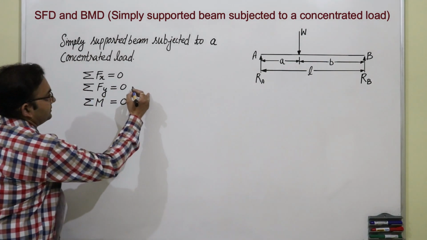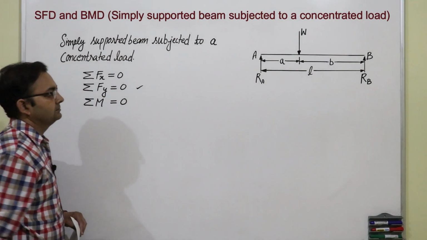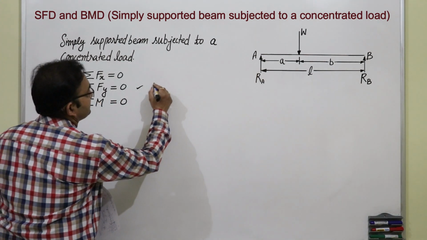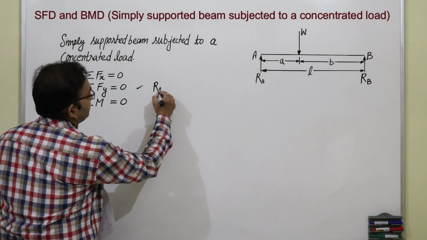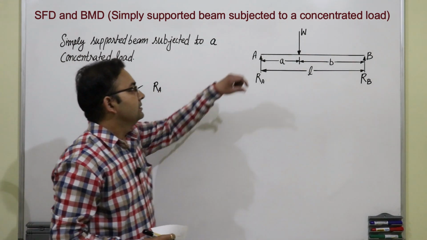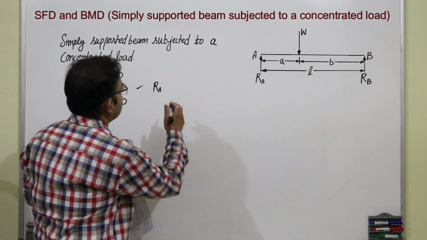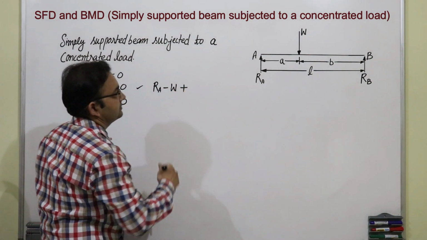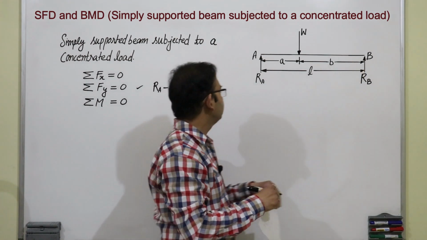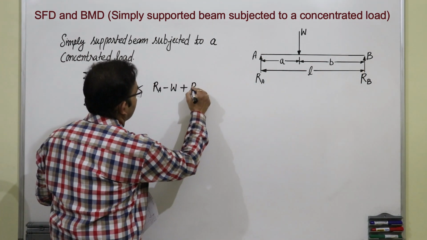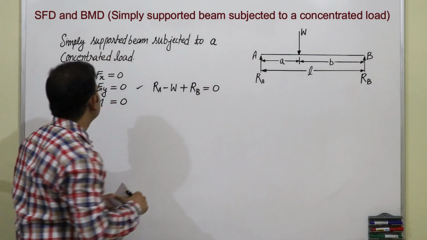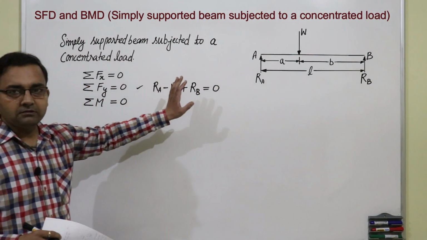Now we will come to this equation. RA is upward, W is downward, so RA minus W plus RB equal to 0. Summation of forces should be equal to 0.